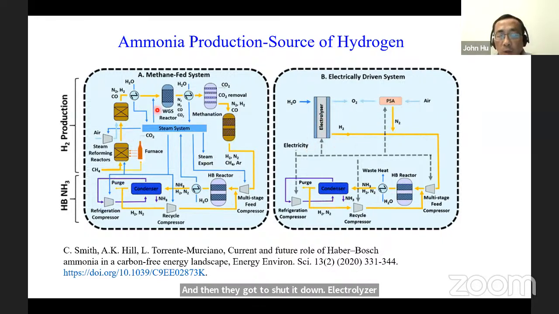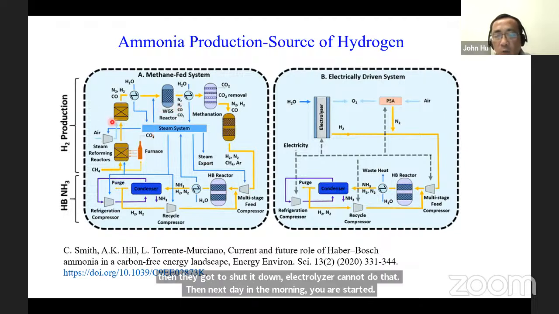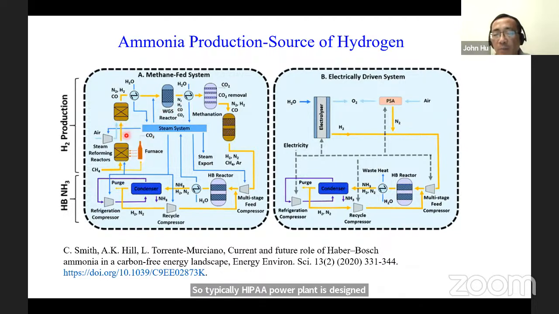So typically a Haber-Bosch plant is designed to operate 365 days per year. True, sometimes after a couple of years you have to shut it down for maintenance, but that's not the case. The case is the electrolyzer is very expensive. Today I can give you a price. Hydrogen from steam reforming supplying the Haber-Bosch plant is $1.50 per kilogram by weight.